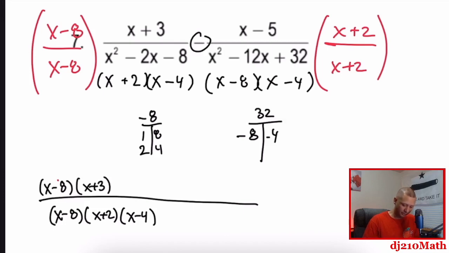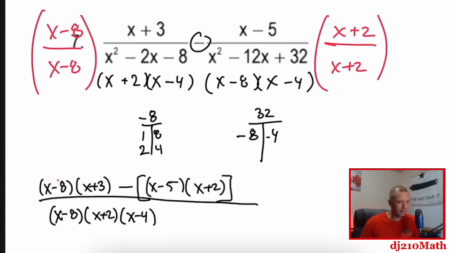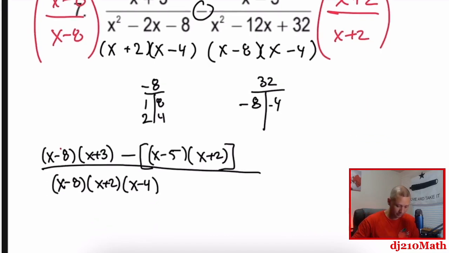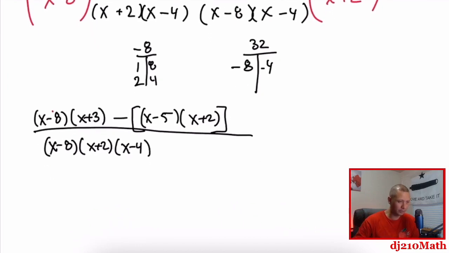Right, here's a minus, so minus, and this is going to have to distribute at some point. x minus 5, x plus 2. Do you have to put the brackets? No. I do that just to remind myself, that's a personal thing that I do, so I don't forget to distribute.